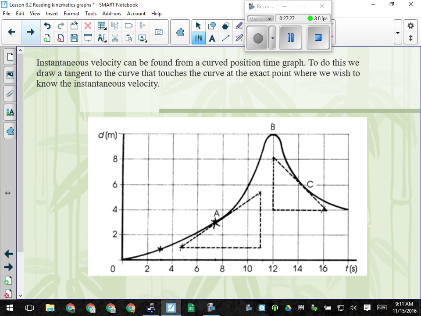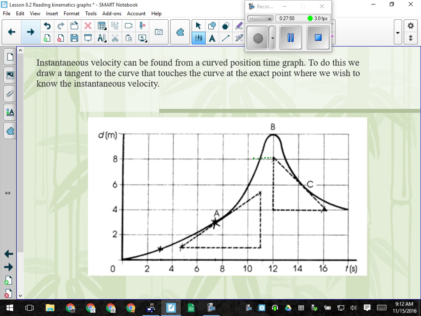Okay, what's going on in this graph? Yeah, in fact, there's a lot of changes in velocity on this graph. Okay, in the first part, the object is accelerating positively. It's getting faster and faster and faster until you get to about here.